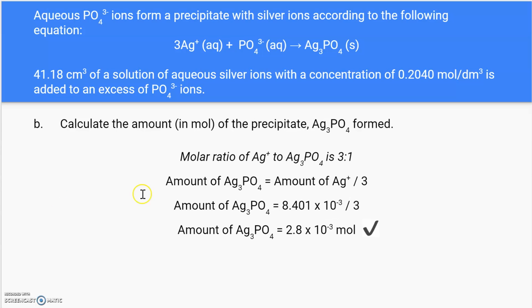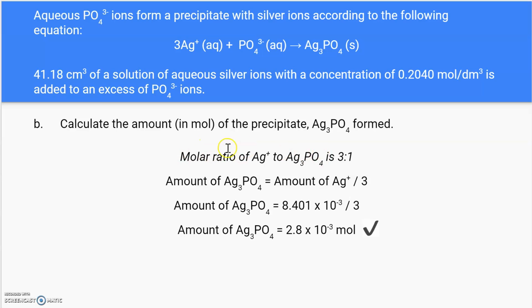Now part B asks us to calculate the amount in moles of the precipitate of silver phosphate that is formed. For this, when you look at the equation and the ratios that it provides, we know that the molar ratio of silver to silver phosphate is 3:1, as we can see in the equation that 3 moles of silver ions are reacting and 1 mole of silver phosphate is being produced.